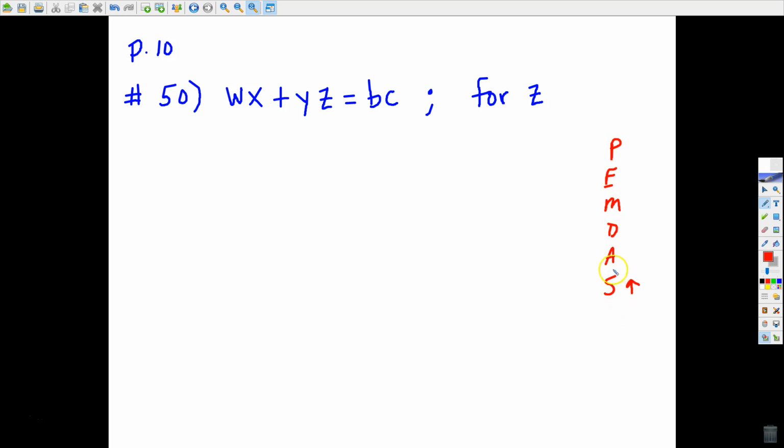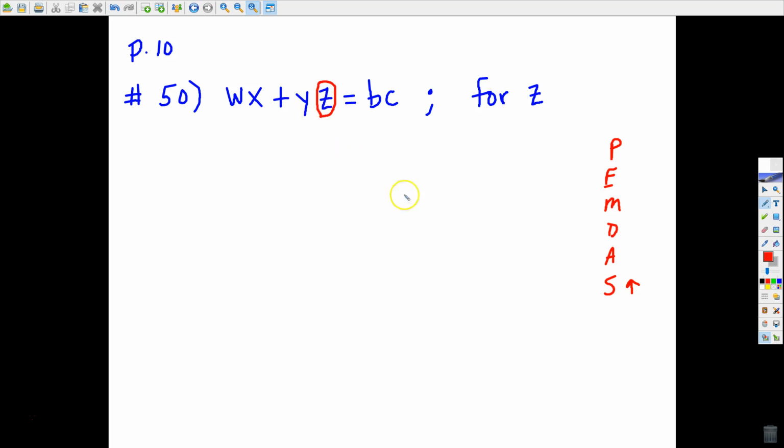Okay, we're going to go up the PEMDAS ladder. So I always like to encourage people that maybe struggle with these, let's just go ahead and maybe circle the variable that you're told to isolate. And then let's mark off in this PEMDAS list what is being done to z. What operations are being performed on z?